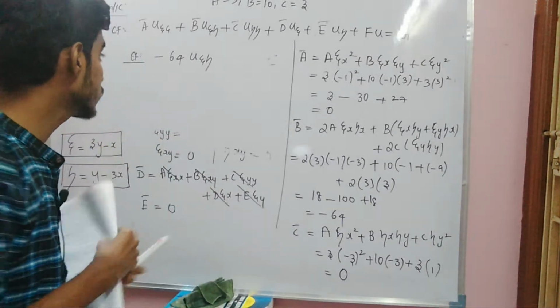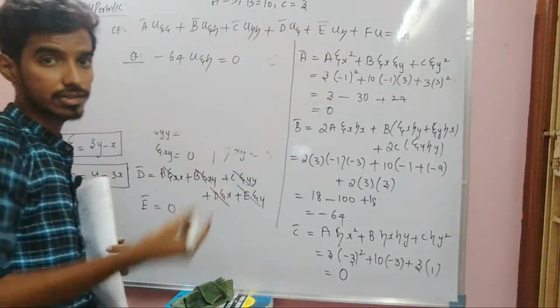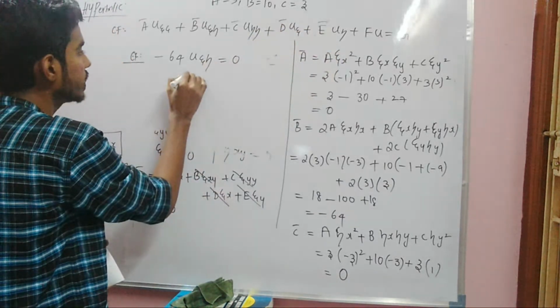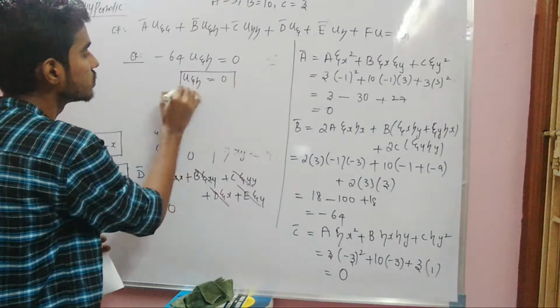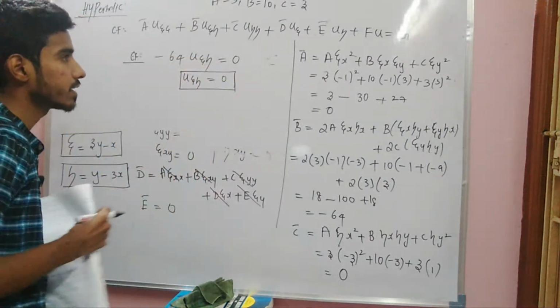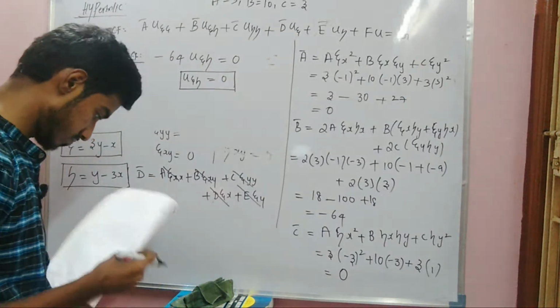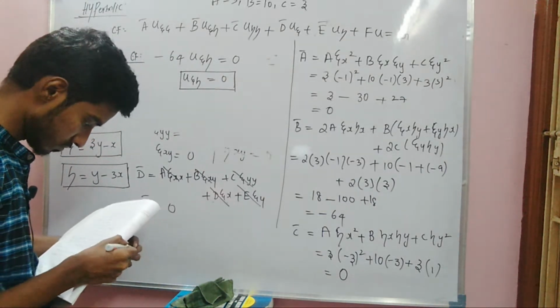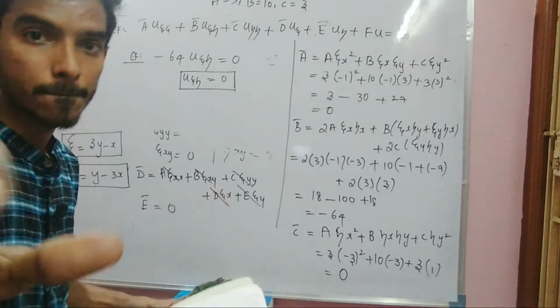Or else you can also write this equal to 0, because g is 0, g is the RHS. So you can also write this as u theta eta is equal to 0. This is our canonical form. Clear?